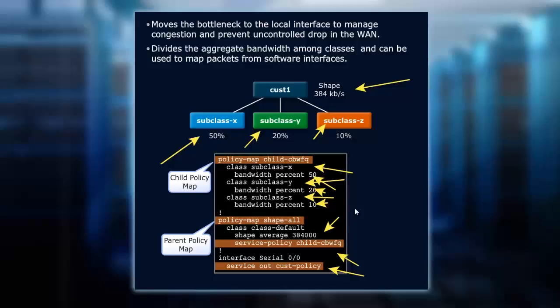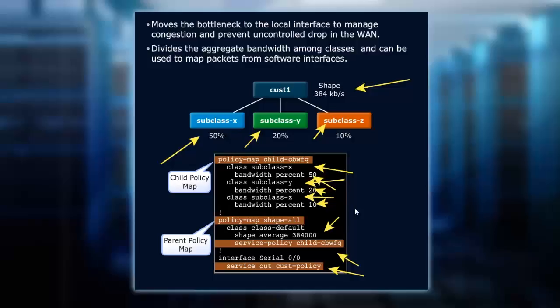So what happens is subclass Y and Z, while they don't need their 20 and 10%, will allow subclass X a little bit of their wiggle room. In other words, they will allow subclass X to go above 50%. Now, if they start getting traffic, they say, wait a minute, I was kind to you and gave you some, but I need it back now because I'm starting to fill up and I need that 10% or 20%, whichever subclass is being utilized.